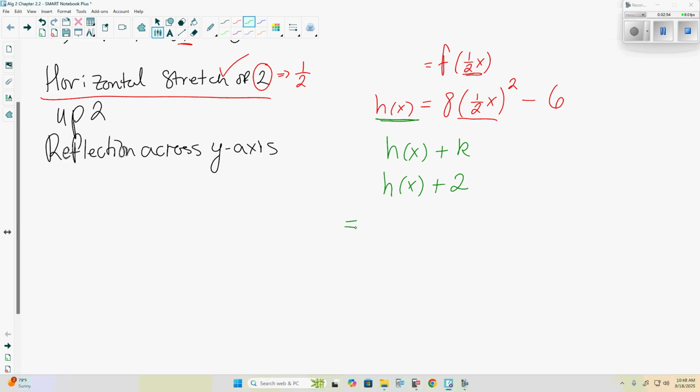Now, since we have plugged in our transformation amount, we can replace h of x with its function. So we replace h of x with the 8 parentheses 1/2 x close parentheses squared minus 6.